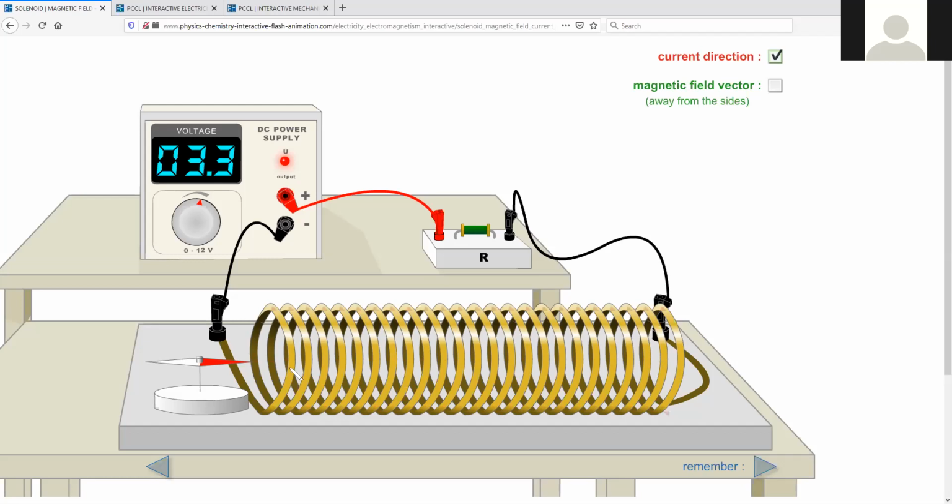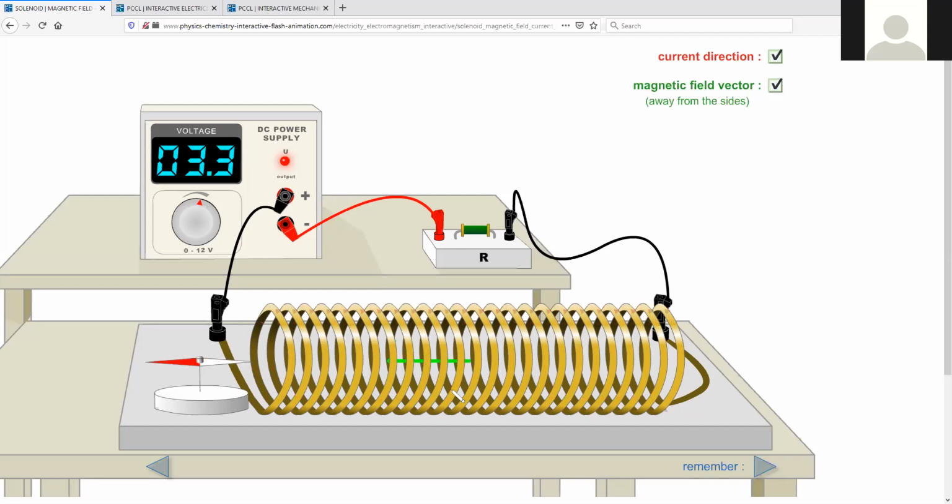And when we change the direction of the current, we will see that the current direction has changed, and now the compass has also changed its direction, right? And if you want to see the resultant magnetic field vector, this green line inside the coil is our resultant magnetic field.